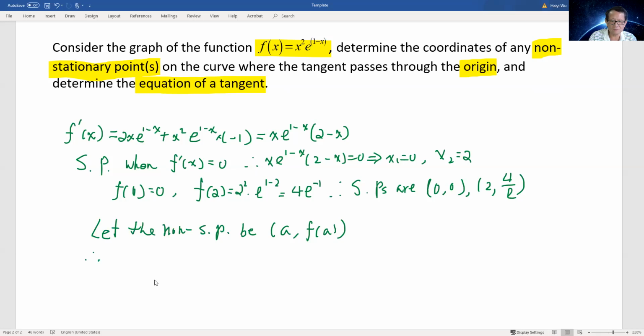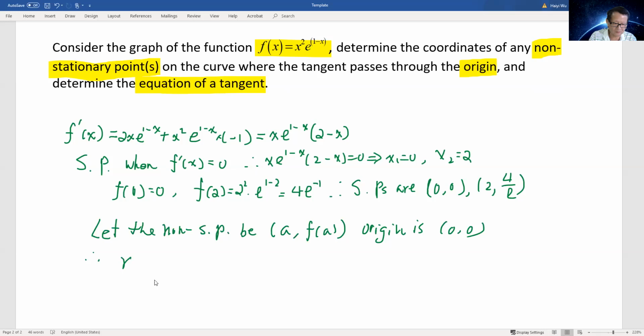If the tangent passes through this non-stationary point and the origin, and we know the origin is (0, 0), then we can find the gradient of the tangent passing through those two points by rise over run.